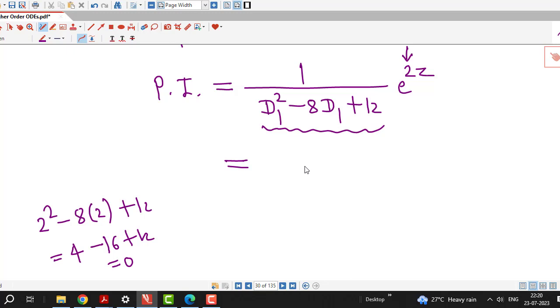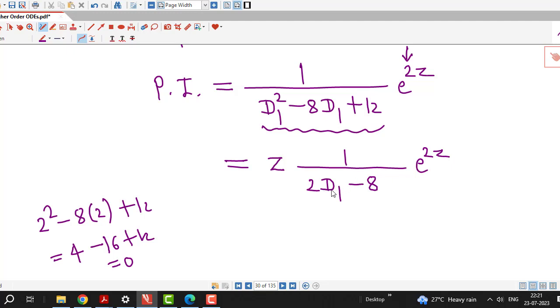So for that I have to take derivative of this function of D1 with respect to D1, and I have to multiply by independent variable, which is z here, and here I have to write derivative of this function. Derivative of D1 square is 2D1, derivative of 8D1 is 8 and derivative of 12 is 0. And then I have to again put D1 equal to 2.